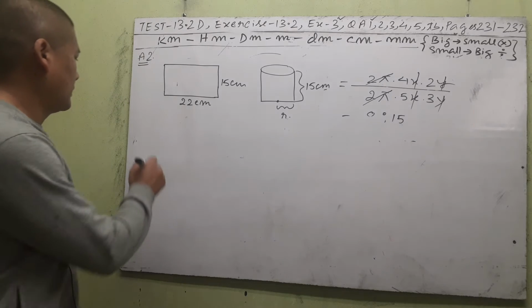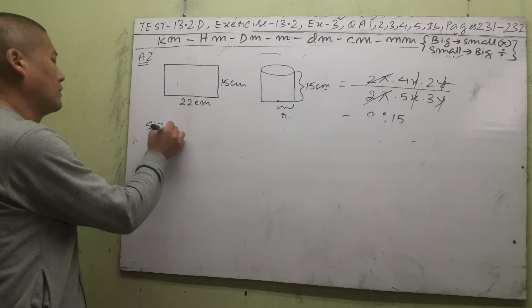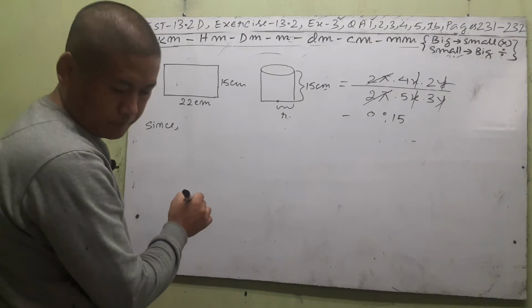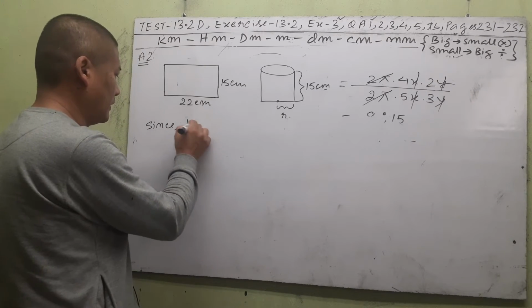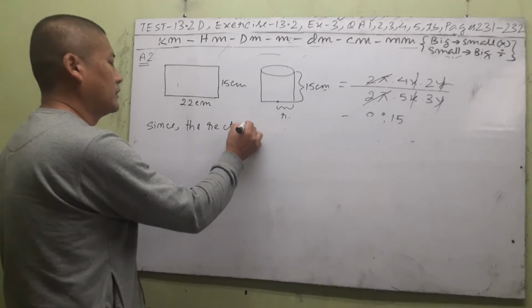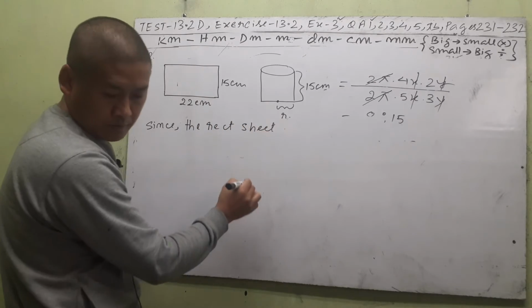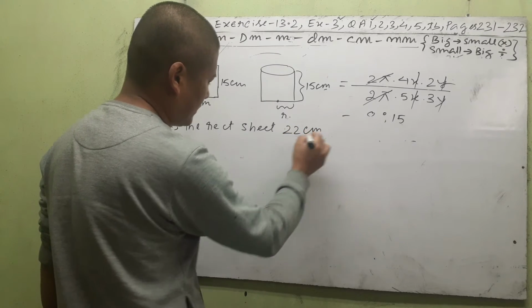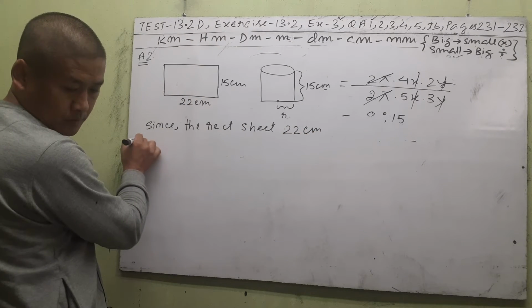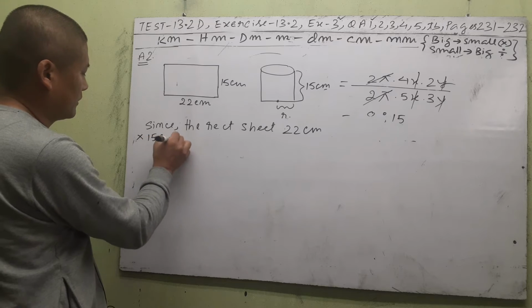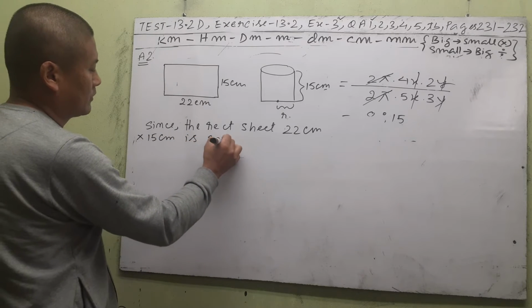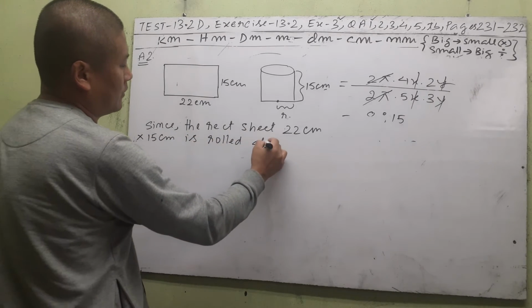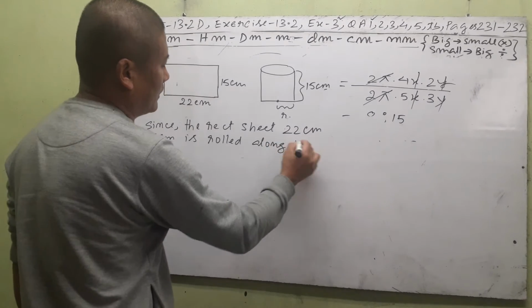Okay, so since the rectangular sheet of paper, 22 centimeter into 15 centimeter, is rolled along the length.